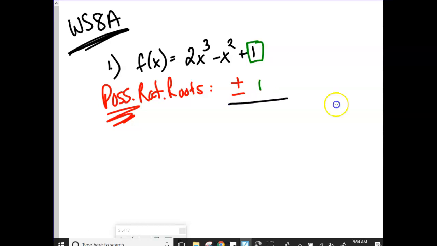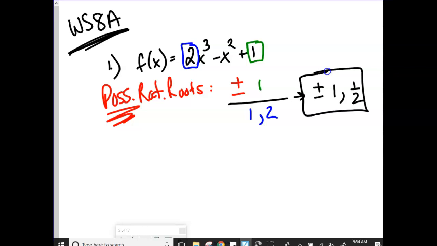And then you're going to divide it by all of the factors of your lead coefficient, which would be 1 and 2. Now this is not an okay list. This is like gibberish. So you need to go back and write positive and negative, 1 over 1, and 1 over 2. So how many possibilities did I just list out? 4 of them. Positive 1, negative 1, positive 1/2, negative 1/2.